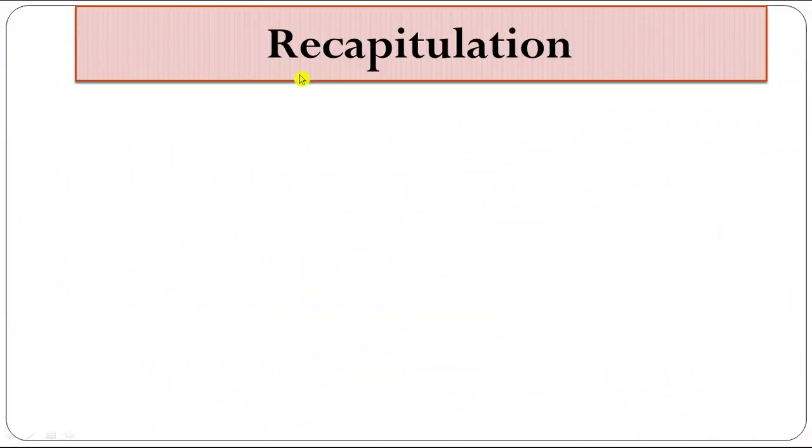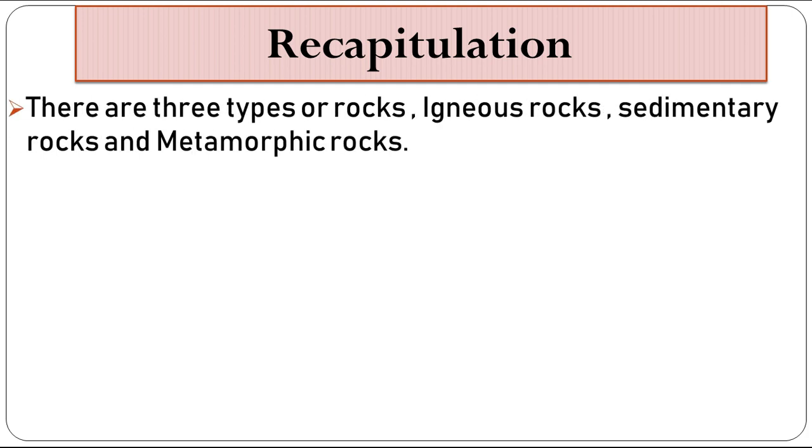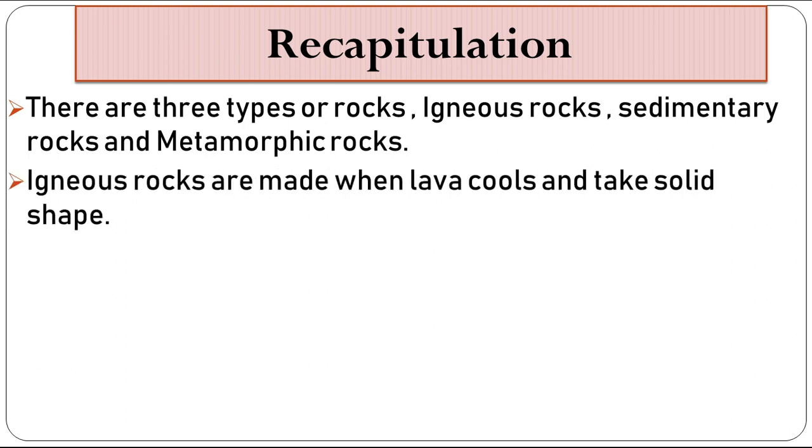Dear students, this is all about today's video. Now let's recapitulate whatever we have studied in this session. First of all, we studied that there are three types of rocks: igneous rocks, sedimentary rocks, and metamorphic rocks. Next, we studied that igneous rocks are made when lava cools and takes solid shape.